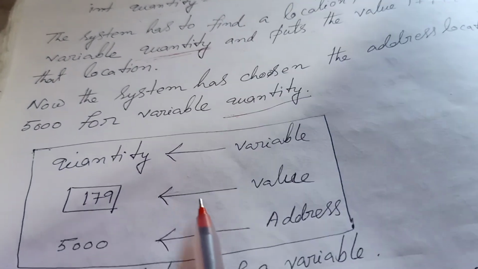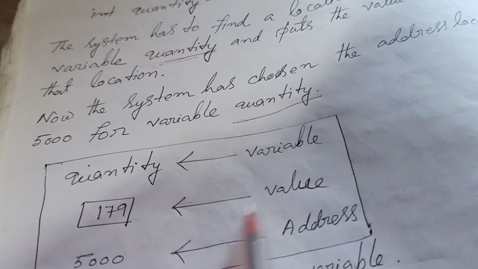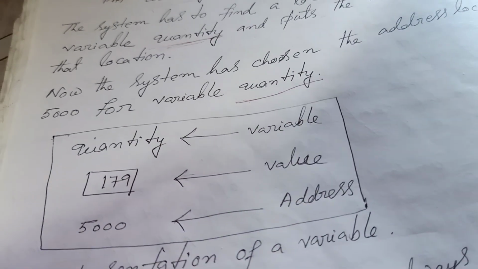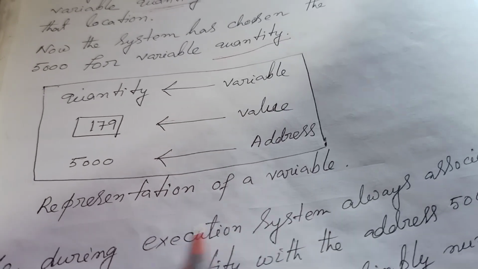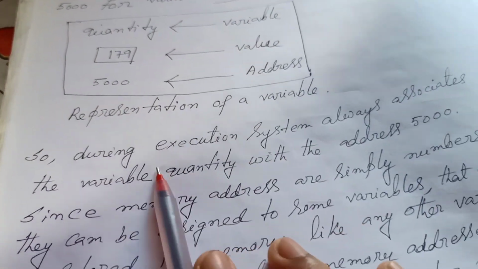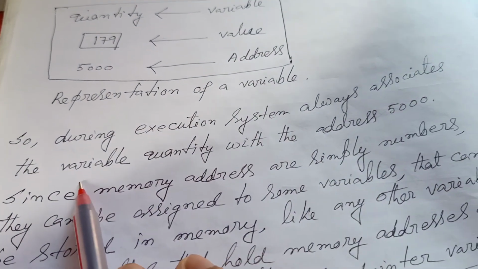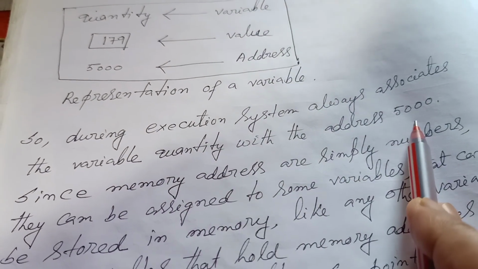Now the system has chosen the address location 5000 for the variable quantity. So quantity is the variable, 179 is the value, and 5000 is the address of quantity. So this is the pictorial representation of a variable. During execution, the system always associates the variable quantity with the address 5000.